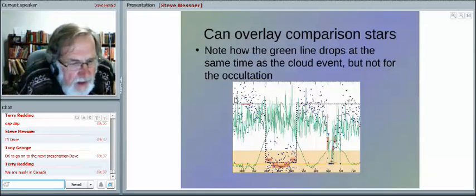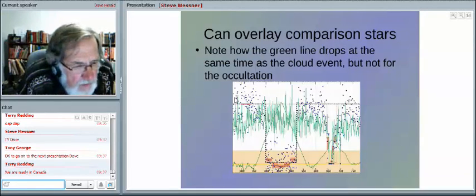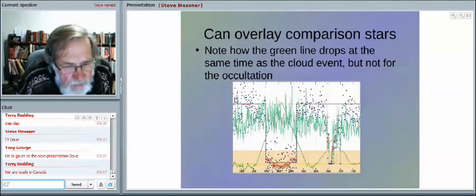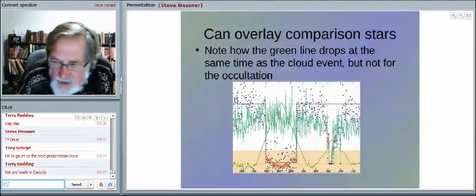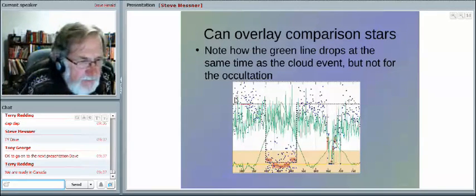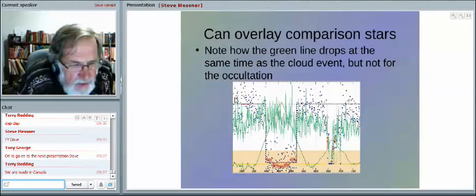IOTA will read any of the comparison stars which are recorded. LiMovie will take up to 2 comparison stars, Tangra 3, and then you can selectively plot the comparison star. In this one, there's just the one comparison star.